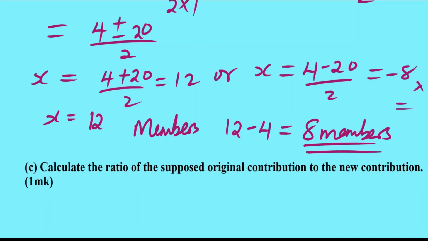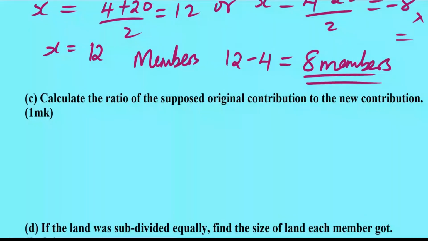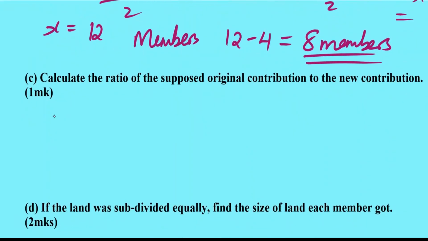So that is how we work out the first part. This is the second, Part C. Calculate the ratio of the supposed original contribution to the new contribution. Now that we know the number of members, the original contribution by each member was supposed to be 480,000 divided by 12. We found the original members were 12.